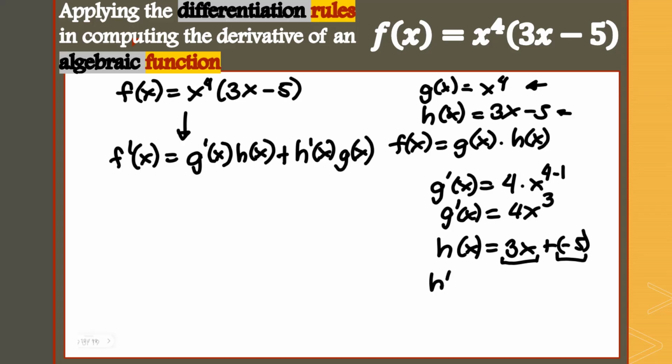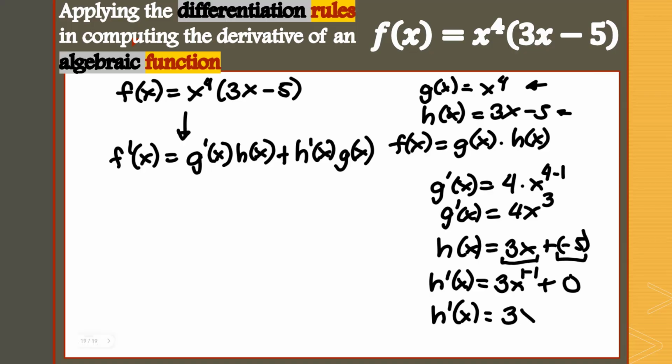The derivative of a constant multiple will use the constant itself times the derivative using power of our x to the power of 1 minus 1, plus the derivative of the constant, which is actually 0. In short, our h prime of x, or the derivative of the second function h of x, is equal to 3, as x to the power of 0 is just equal to 1.